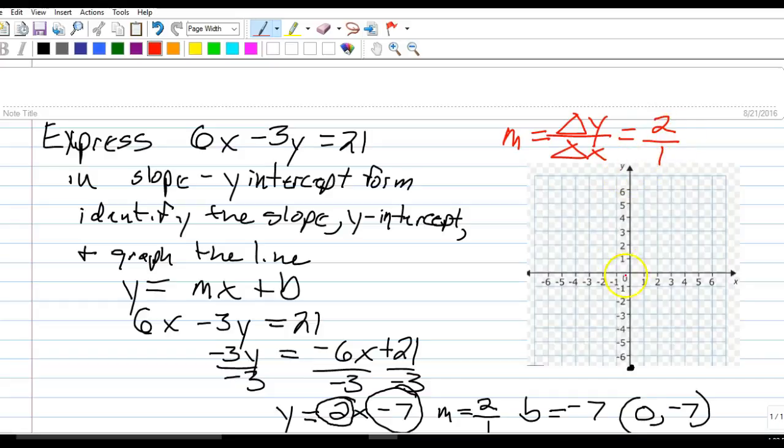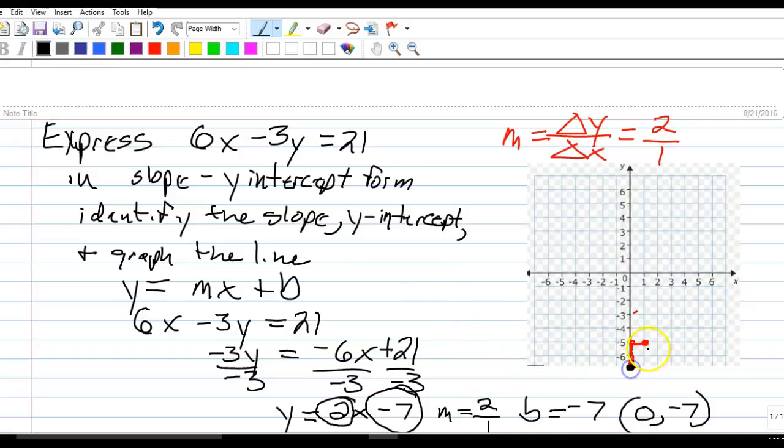So I have a vertical change of 2, so I need to go up 2 units. And I have a horizontal change of 1. So this point here, which has coordinates of (1, -5), is also on the line 6x minus 3y is equal to 21.